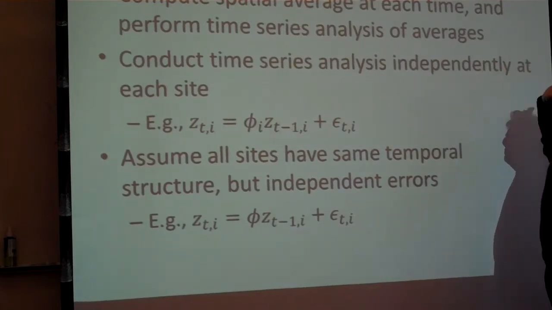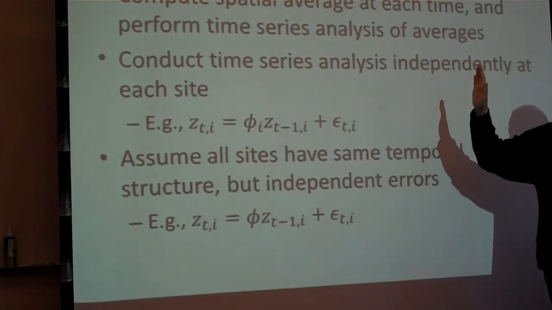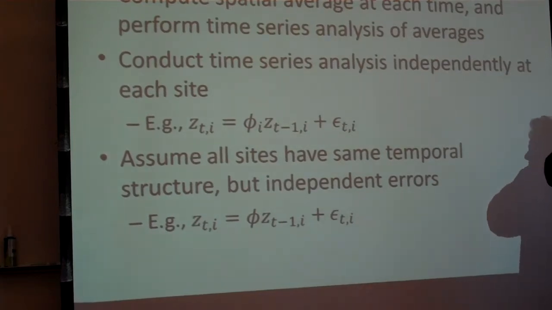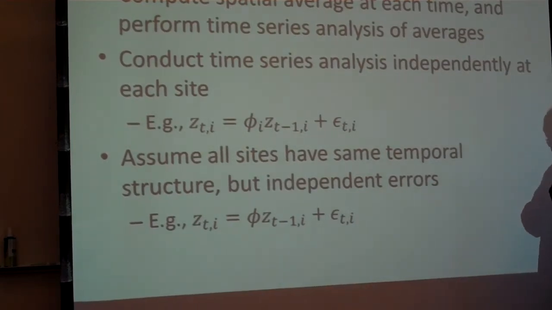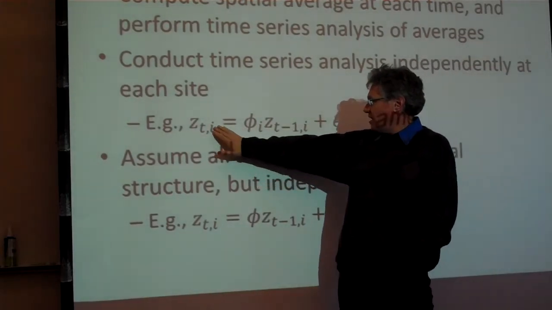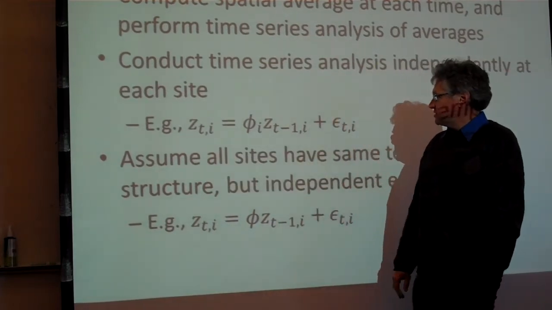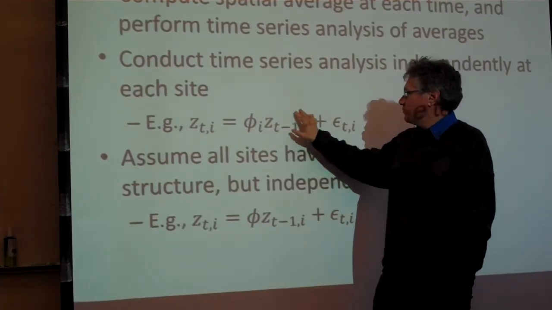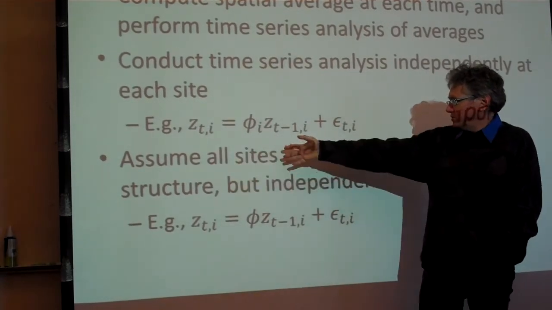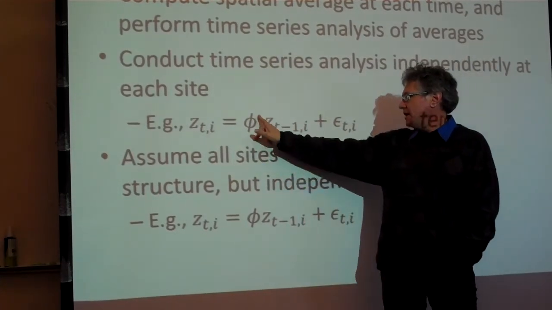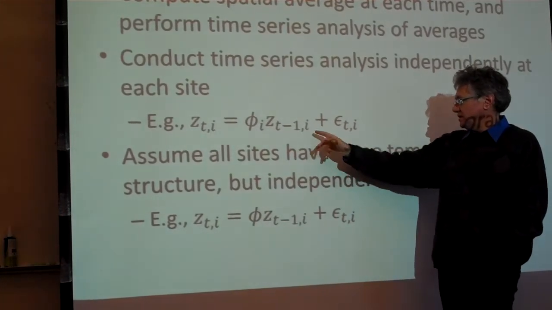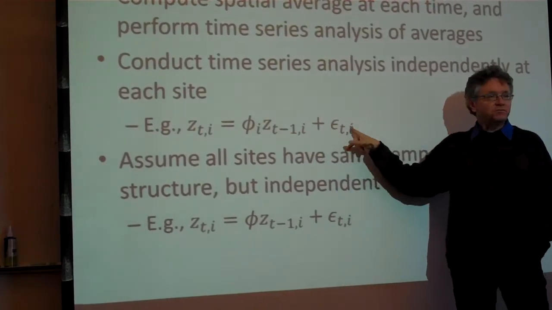Alternatively, you could model a time series at each location. This actually gets back to your question. So if i is an index of location, then we'd have a model for location i that says Z_t at location i, suppose it was an AR1 process, has phi sub i times Z_(t-1) at that location, and then a residual for that location.